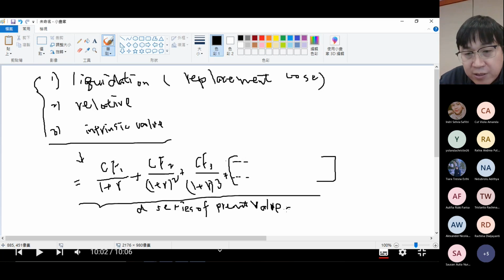Present values. This one, this block, is said to be the going concern value.